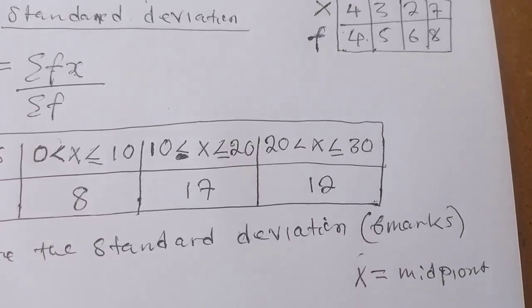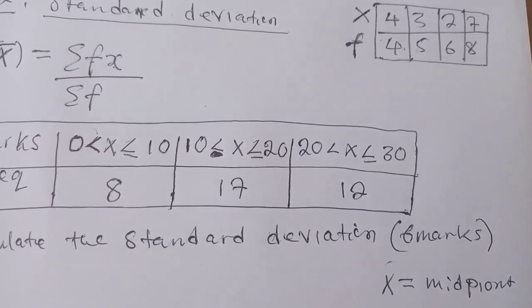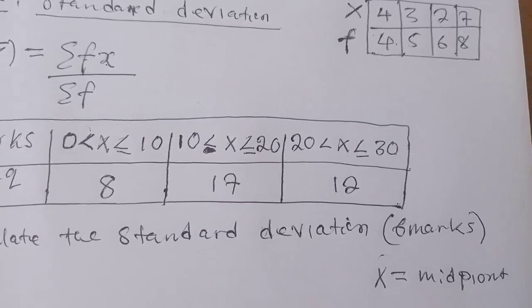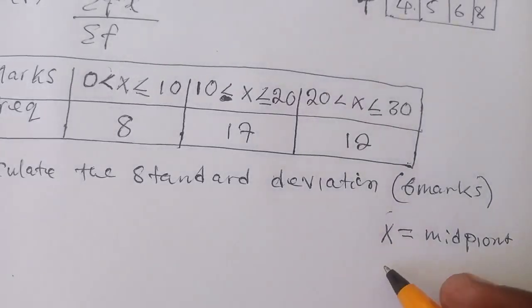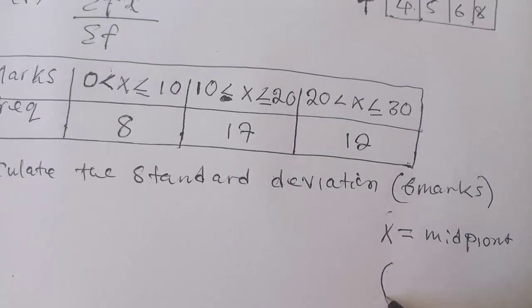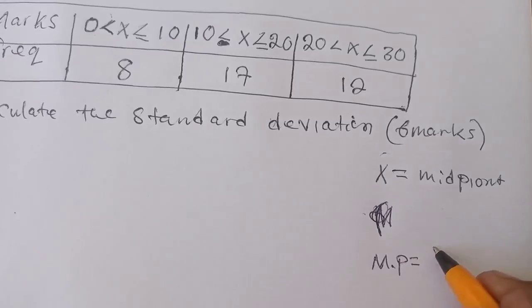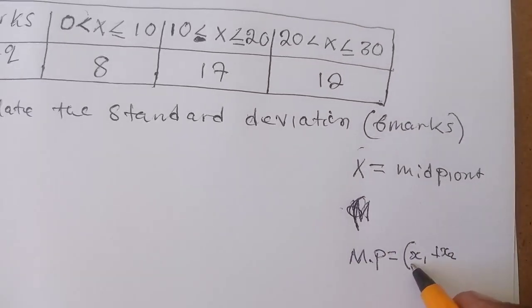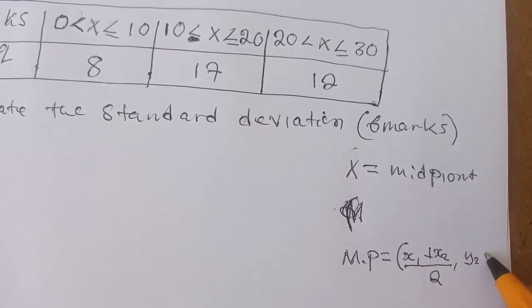If you remember the topic of coordinate geometry, where you find the midpoint, the midpoint is equal to (x1 plus x2, divided by 2, comma, y2 plus y1, divided by 2).